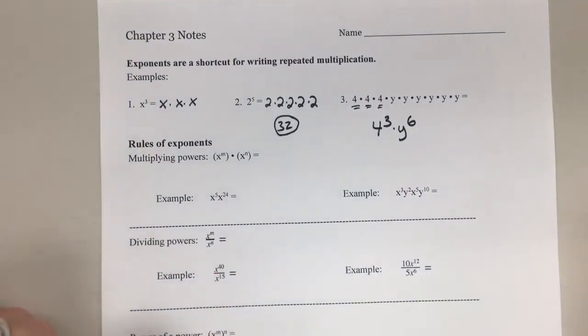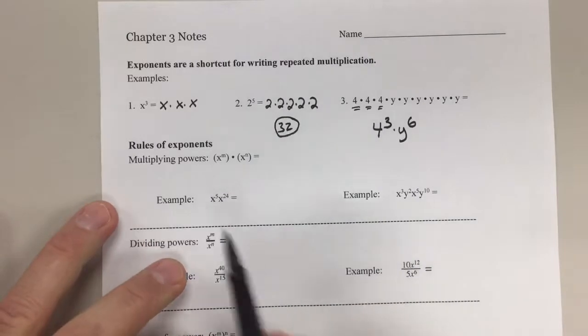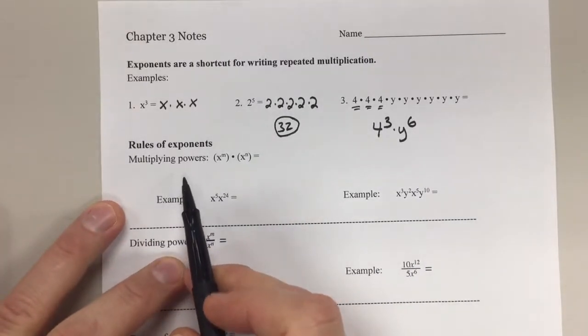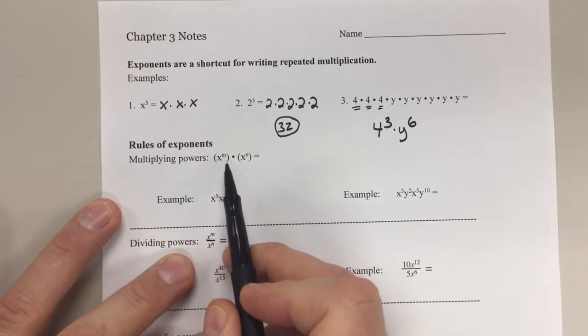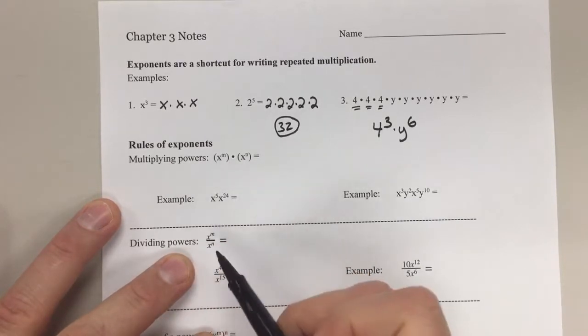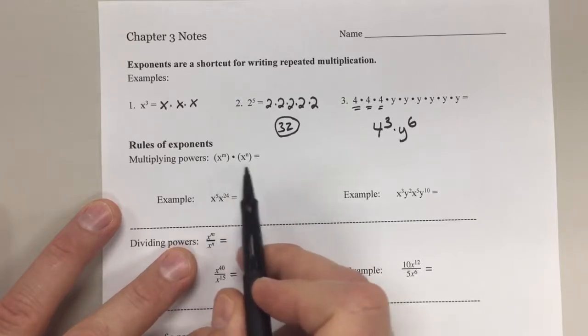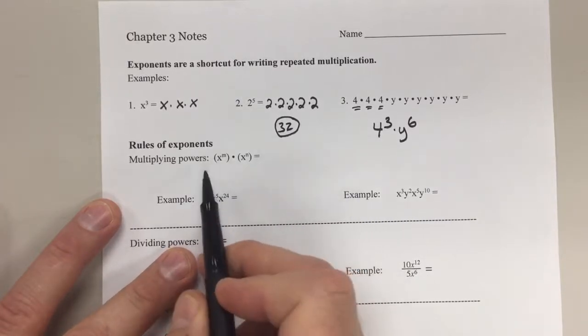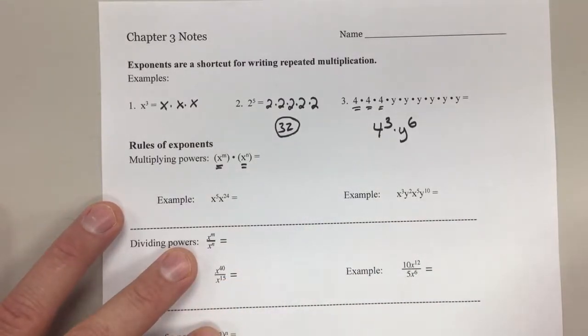Now, there are a number of rules involving exponents that we're going to learn how to do. The first rule is called multiplying powers. Notice we have x to the m times x to the n. In order to multiply powers, the x has to be the same letter for both things we're multiplying.